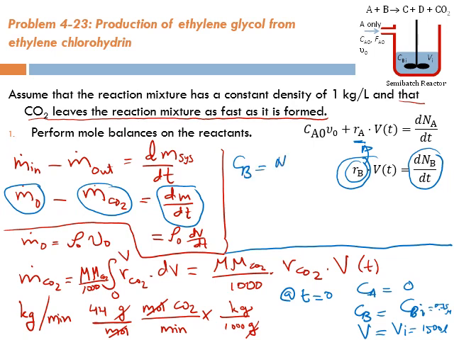Well, Cb equals Nb divided by V. What does Ca equal? It equals Na divided by V. Correct? And again, this is V, this is not epsilon, right? So you have to be careful with this. And of course, you'll need to also relate the rate of formation of CO2 with the rate of consumption of A as well.